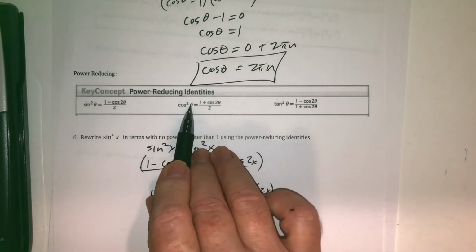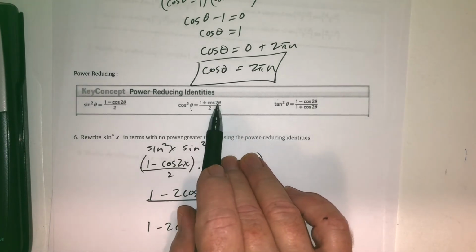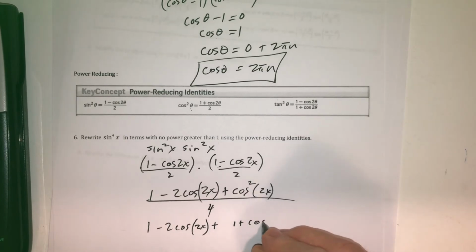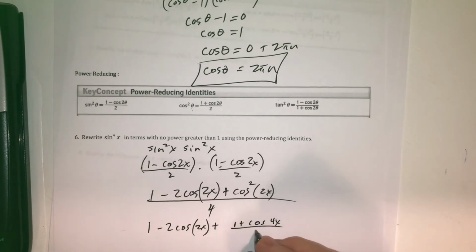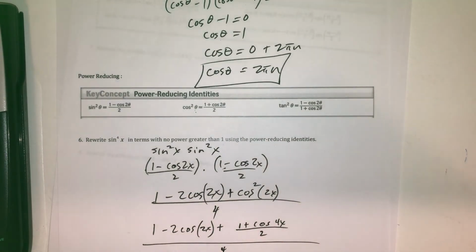Imagine theta here being 2x. So that means there's going to be a 2x there, which means that's going to be 4x. So that would be 1 plus the cosine of 4x divided by 2, all right? All divided by 4.